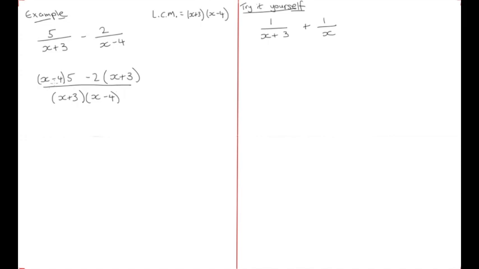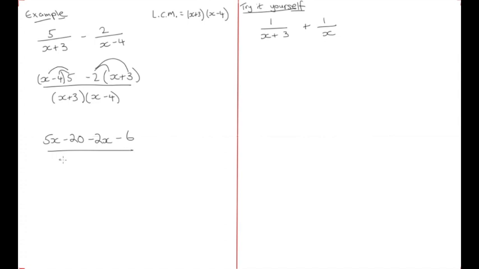Okay, so we'll multiply this out. So the 5 is going to be multiplied by the x, and the 5 is going to be multiplied by the minus 4, minus 2 is multiplied by x, and minus 2 by plus 3. So that would be 5x minus 20 minus 2x minus 6.